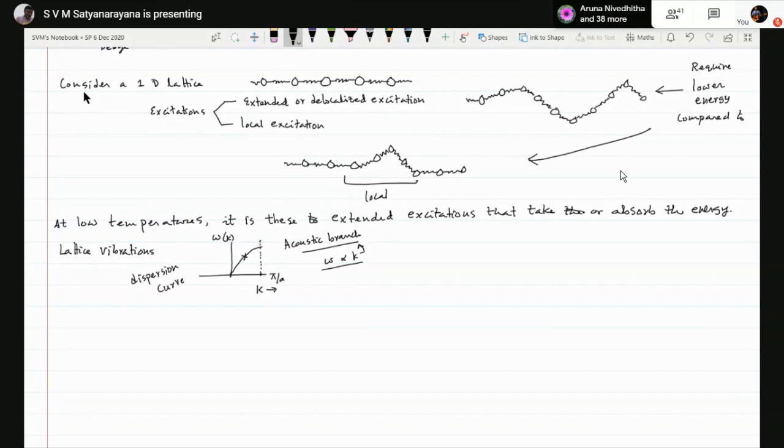So now this is just a lattice vibration. Now the quantization business is something like this. Let me draw this picture again with a slightly bigger size.